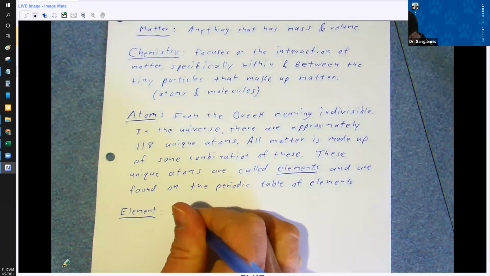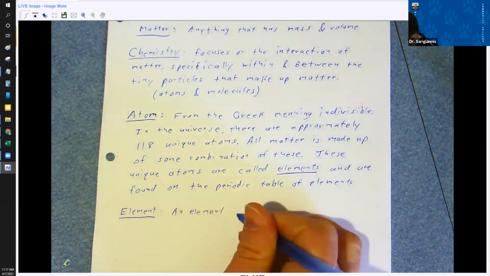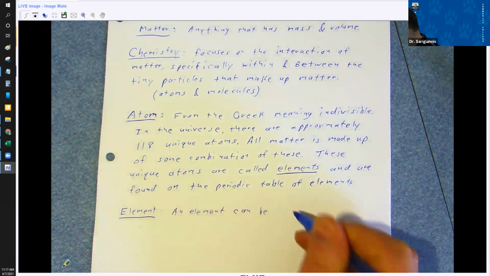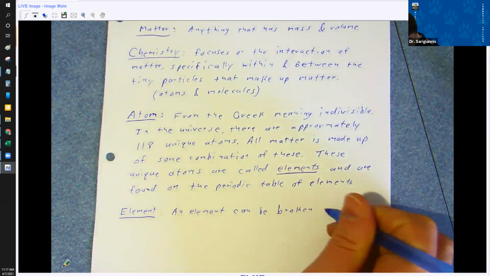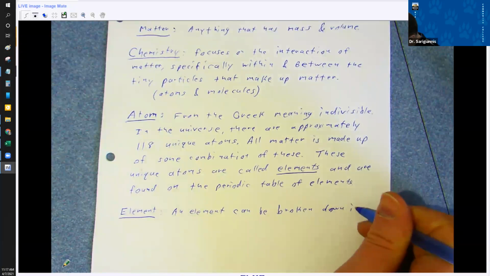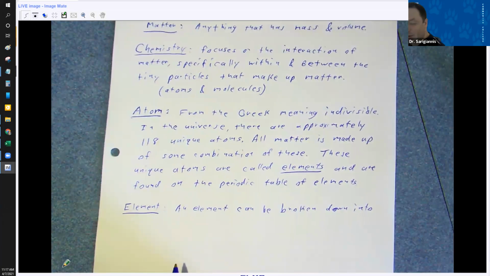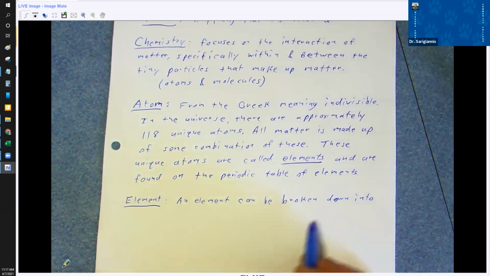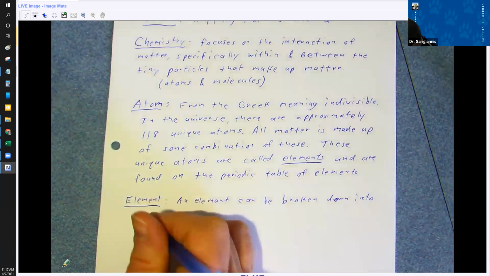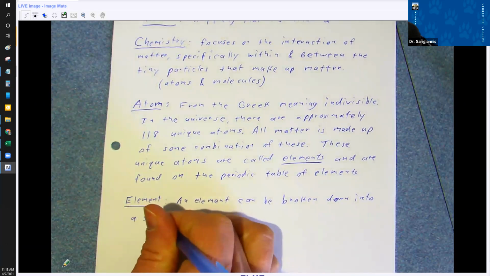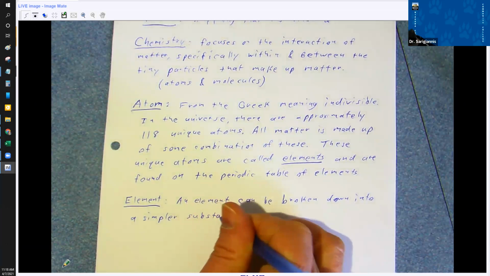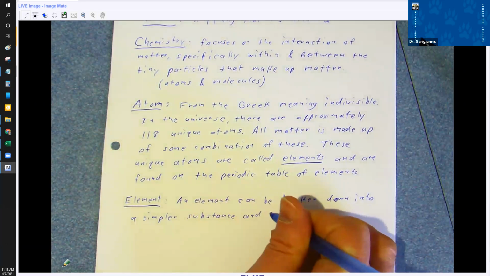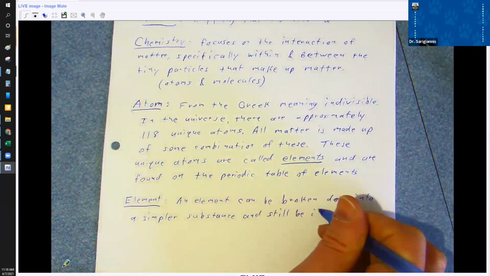An element can be broken down into a simpler substance and still be itself.